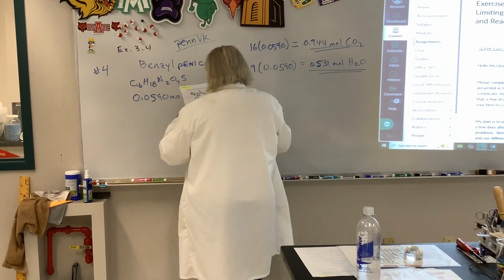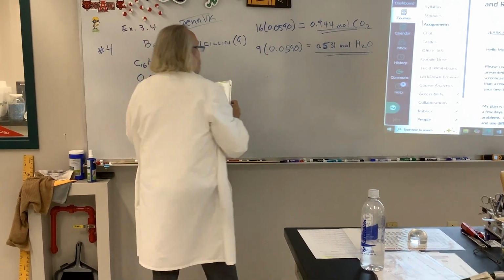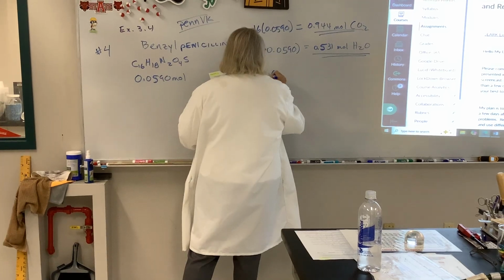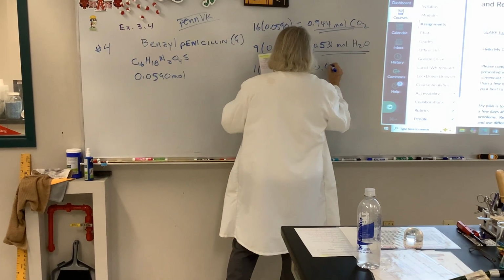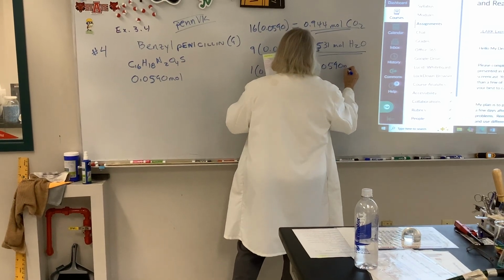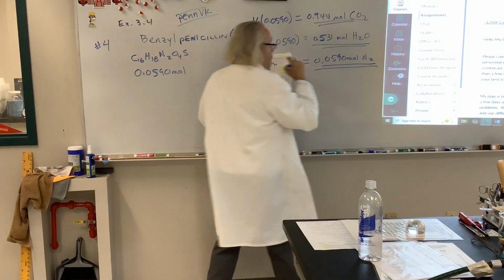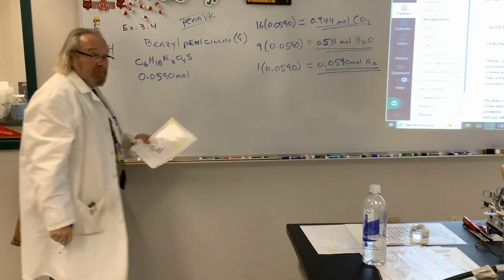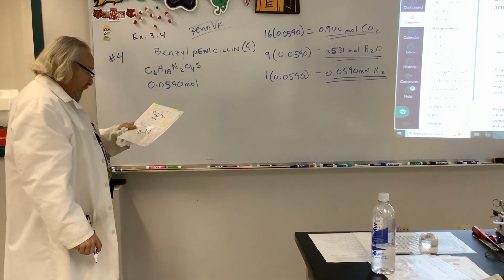For the nitrogen, there's 2 nitrogen, so it's 1 for 1 again. It's 1 times 0.0590 is equal to 0.0590 mole of molecular nitrogen, or N2 gas. You're breathing it in right now as we talk.